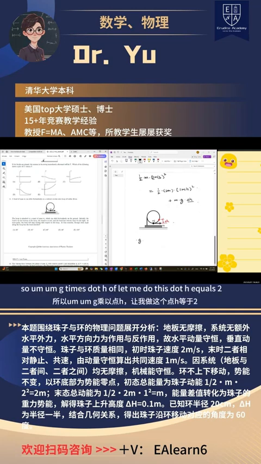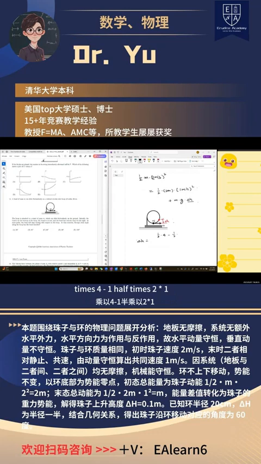G times delta H equals 1/2 times, m is gone, all of the m is gone, 4 minus 1/2 times 2 times 1, divided by g, which is 10. Not too bad. That's 2 minus 1, so that's 0.1 meter.